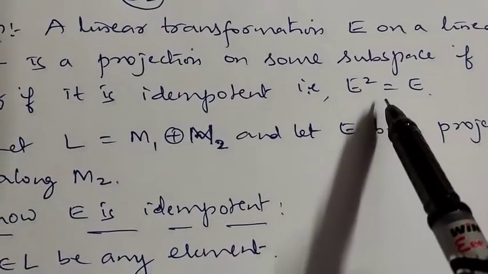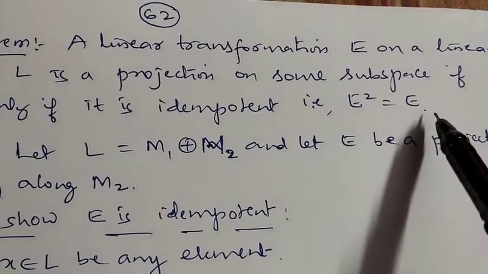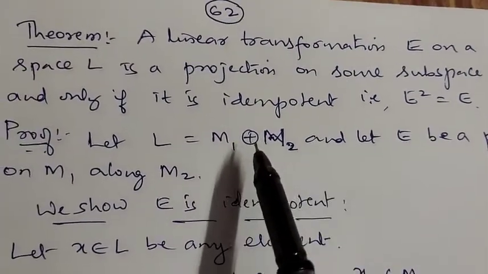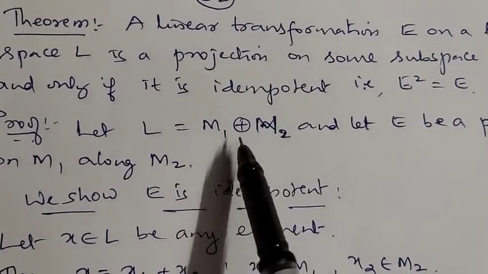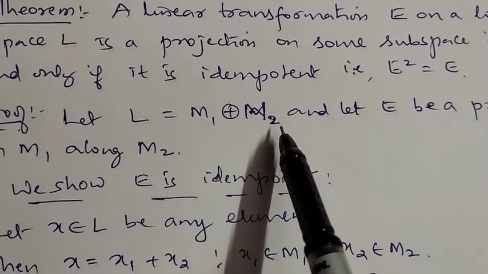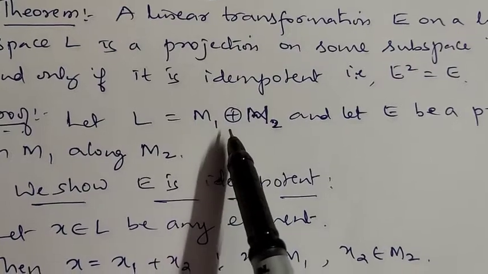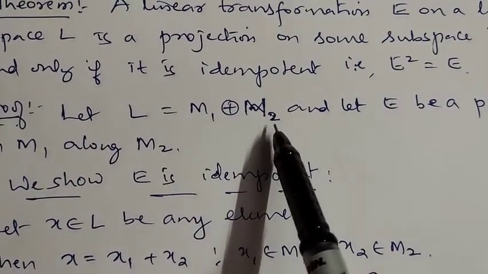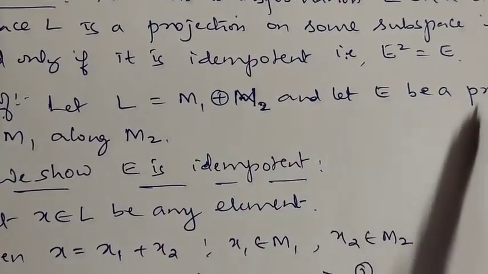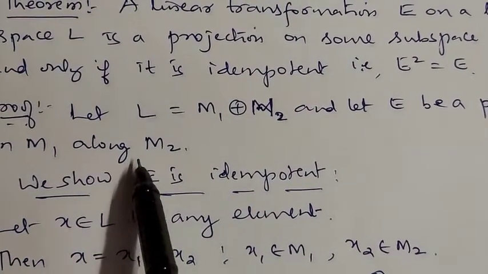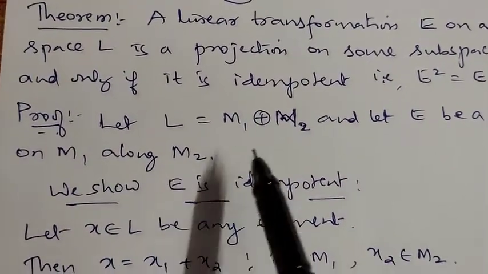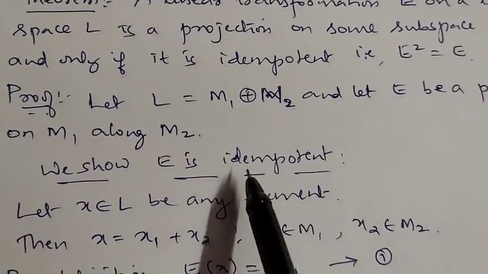Idempotent means E square is equal to E. First, let L be the direct sum of its subspaces M1 and M2, and let E be a projection on M1 along M2.